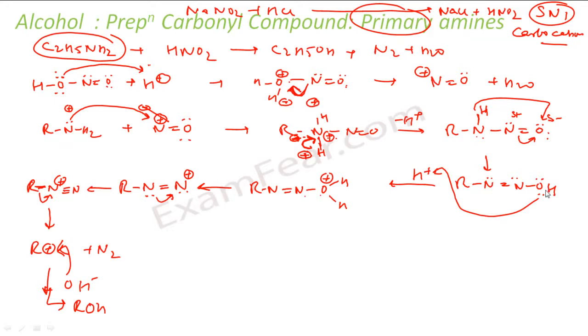Now we want to get rid of N2, so first get rid of OH, add H plus here, it will take this OH out, so this whole H2O is out, so you get something like this. Now it had lone pair, you move in this direction, you get this. Now in this I can easily remove N2, I get carbocation. Carbocation once I have got, I can easily attack with OH minus to get ROH. Correct?